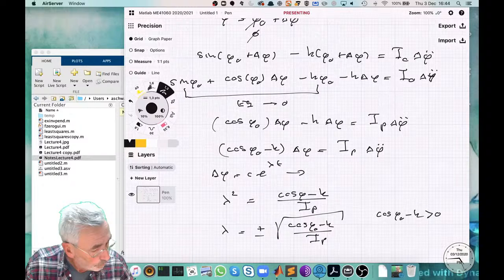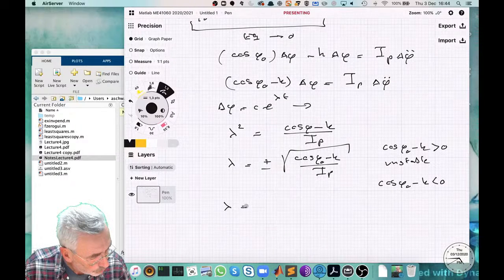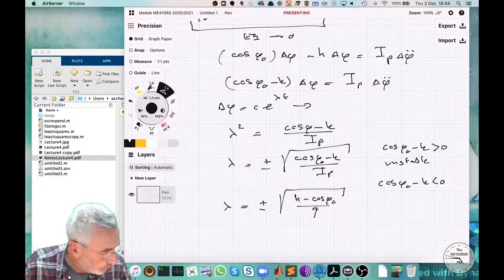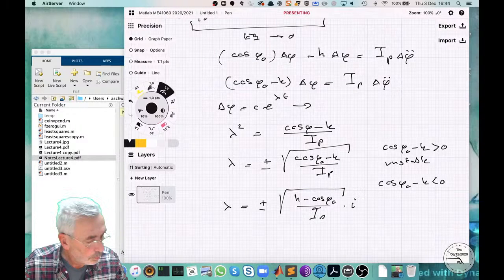If it's negative, then I get plus or minus, and I have to make that positive again, and then times i, so I get oscillatory, stable solutions. So this is the stability condition, that the solution is stable.